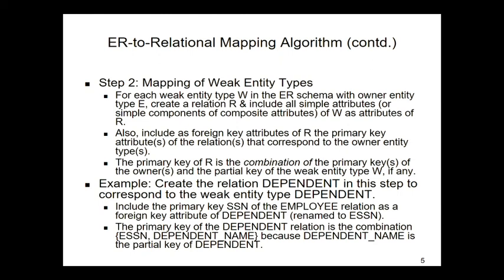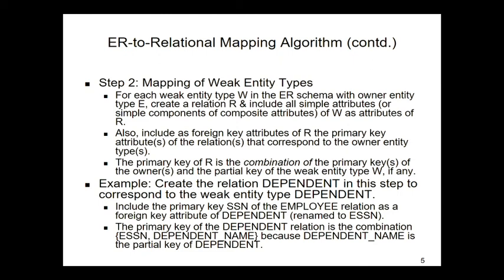Now, what about this one where we had the dependent? It's a one-to-many, and we said that we always put the key on the many side because there's only one. So in that case, it's on the weak entity side, not on the strong entity side, because of the cardinality that we have.